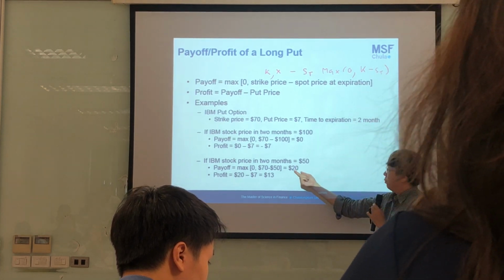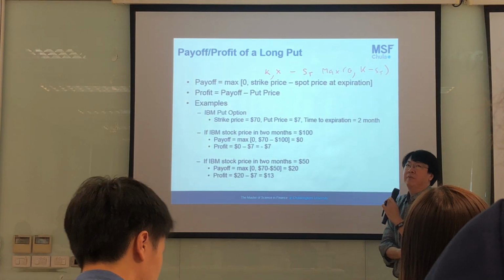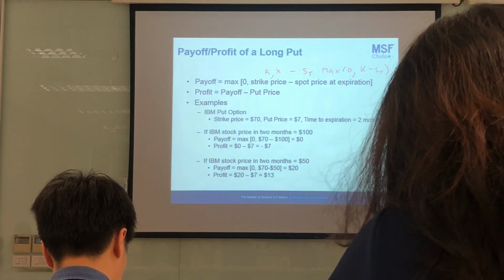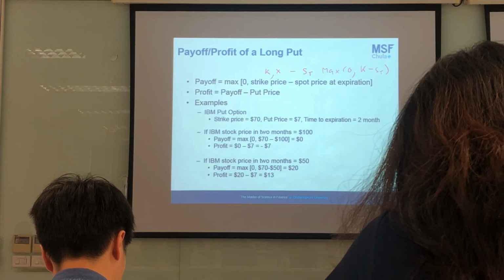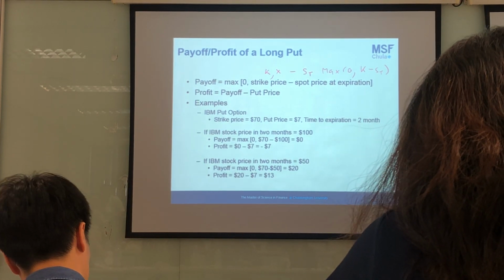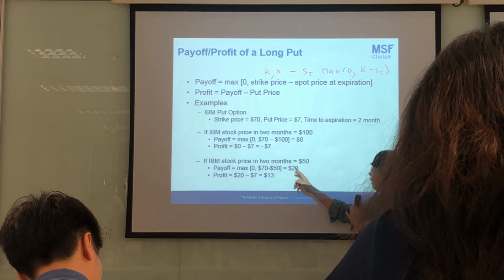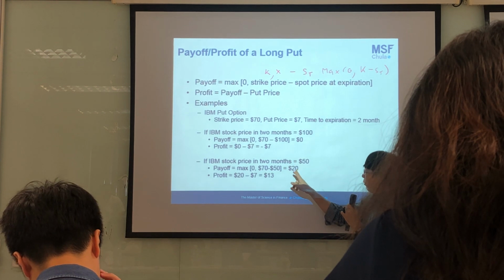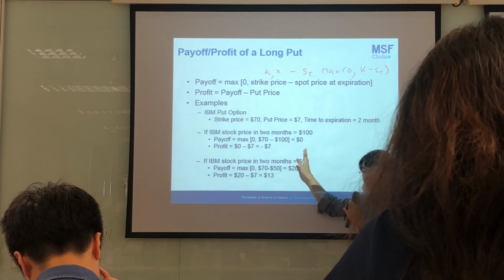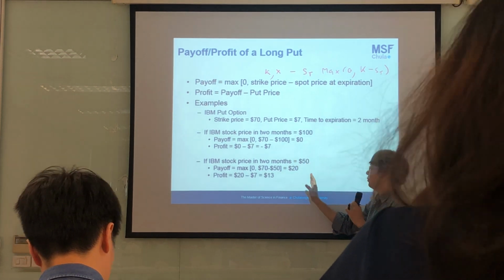So the value of the put should be equal to 20. Can you follow? Again, the value of the put must be equal to this, it cannot be higher or lower than this.